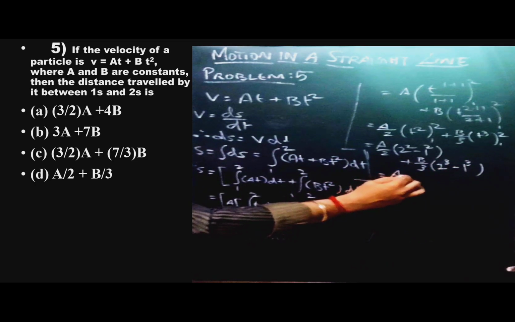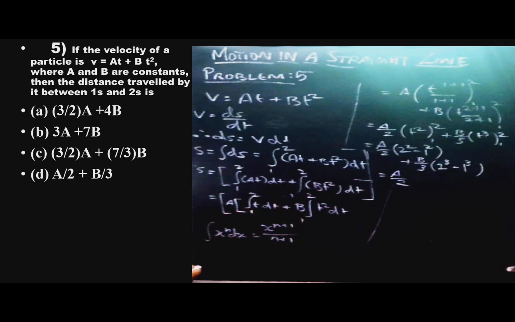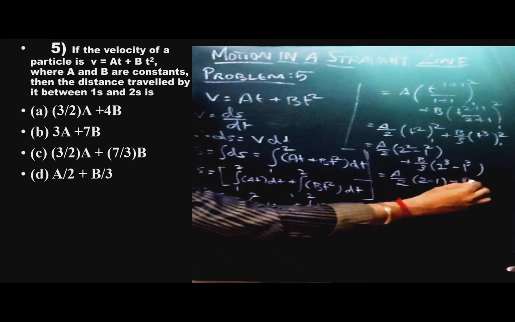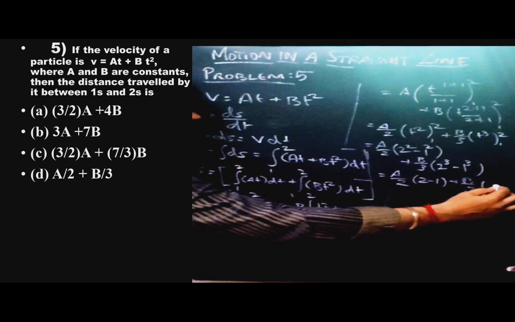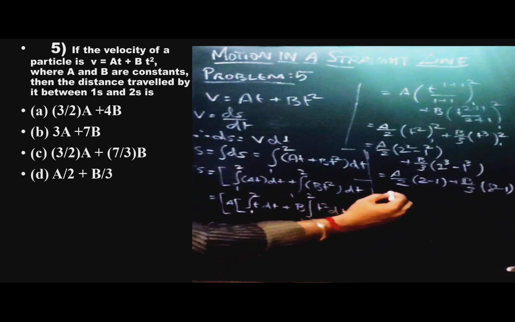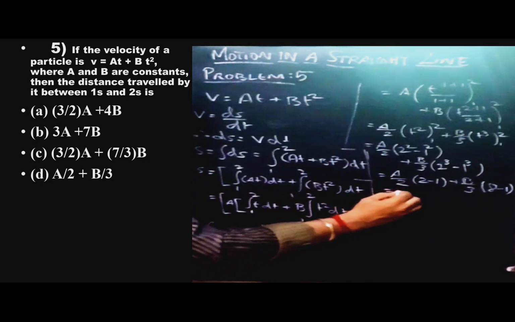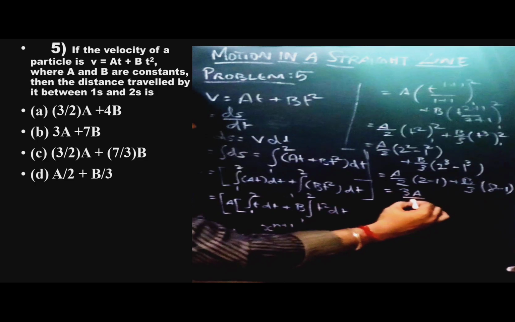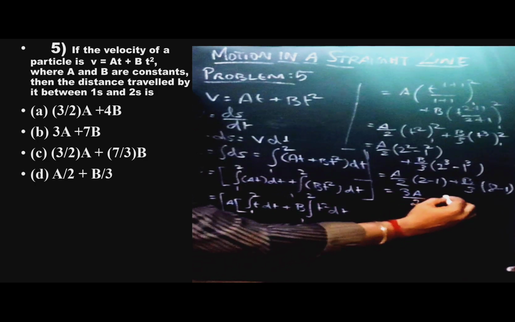So it is a by 2, sorry, 4 minus 1, an error has occurred, 4 minus 1, plus b by 3 into 8 minus 1, that is 2 cube minus 1, which is 8 minus 1.